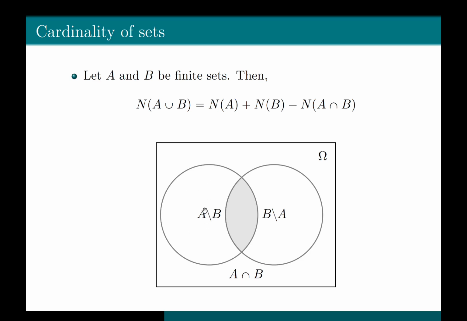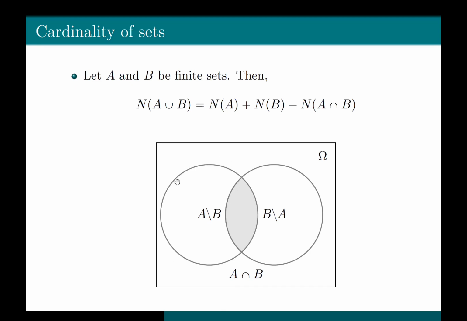Now this white region contains all the elements that are elements of A, but not elements of B. And A minus B, the difference between A and B, represents all the elements that are in A and not in the set B.